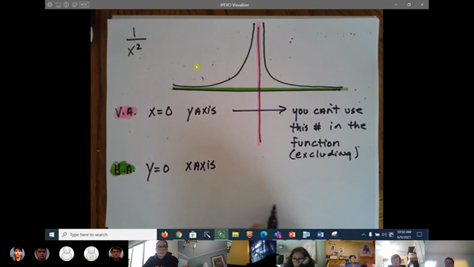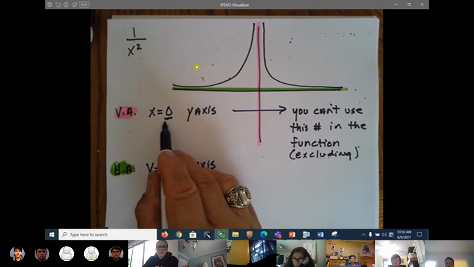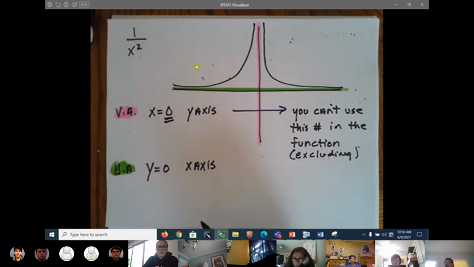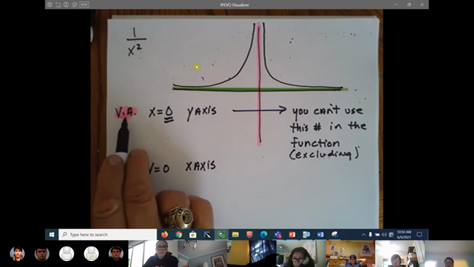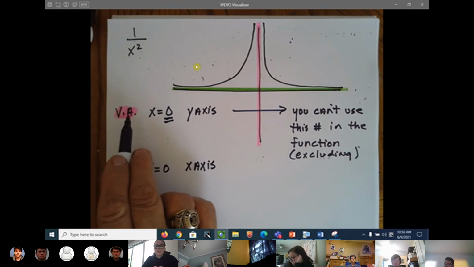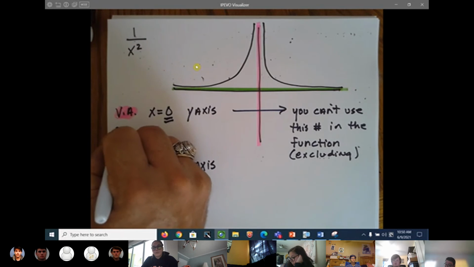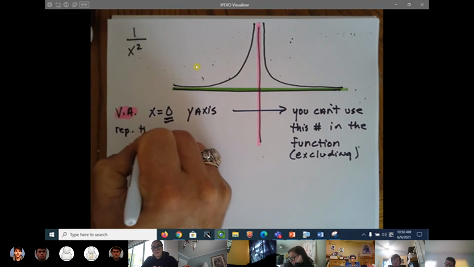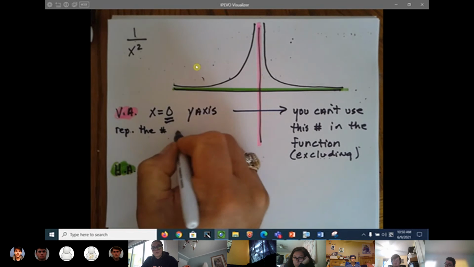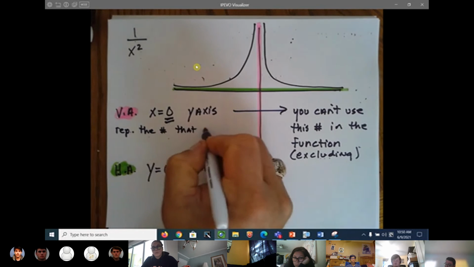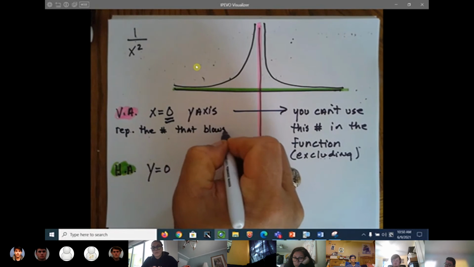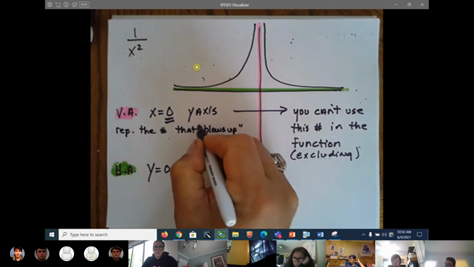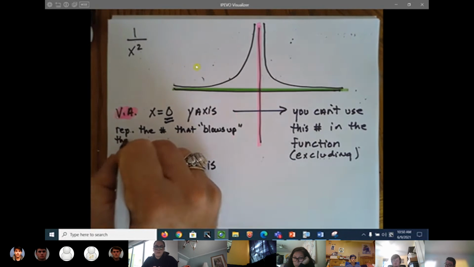So what happens if I plug 0 into the function? It blows up. And that's what the vertical asymptote represents. It represents the number that blows up the function.